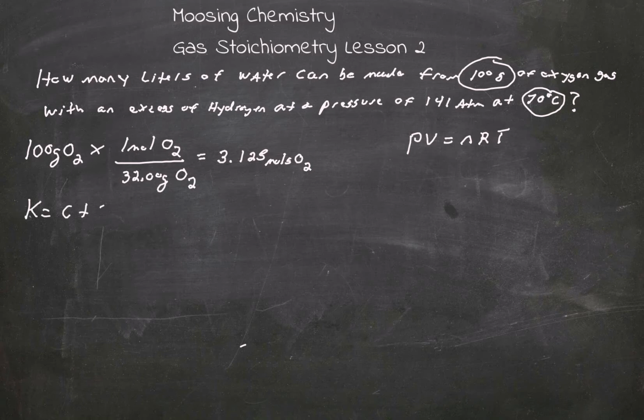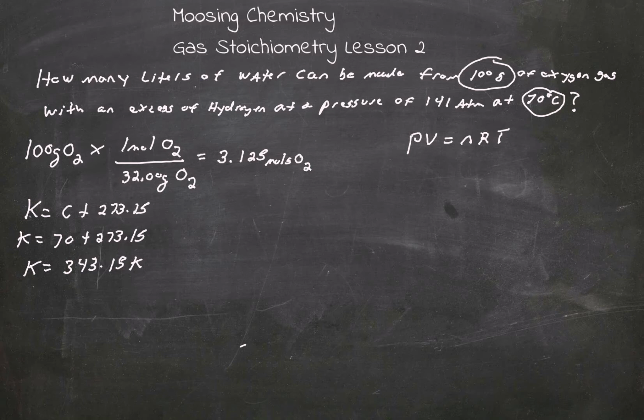To do that, remember that Kelvin equals Celsius plus 273.15. So K equals 70 plus 273.15, and that's going to give us 343.15 K. Great.